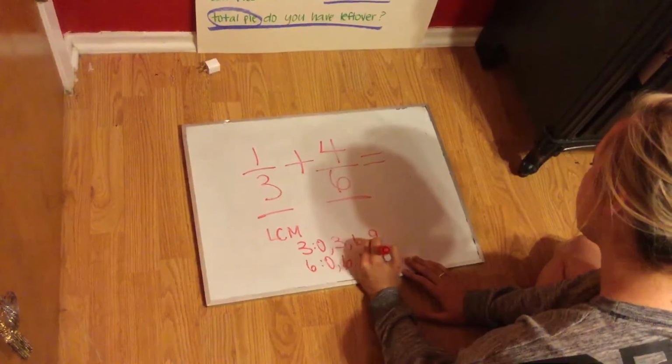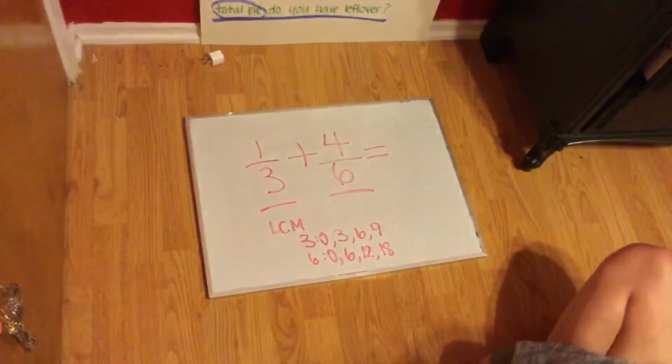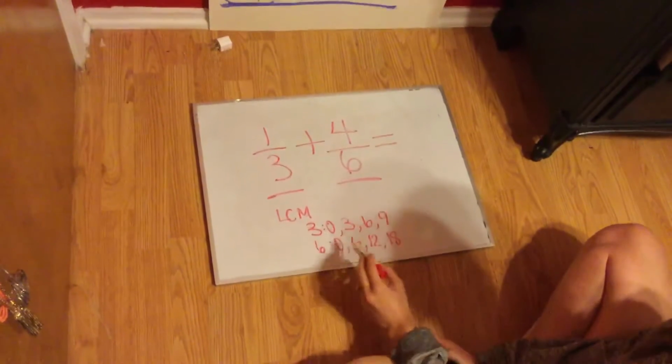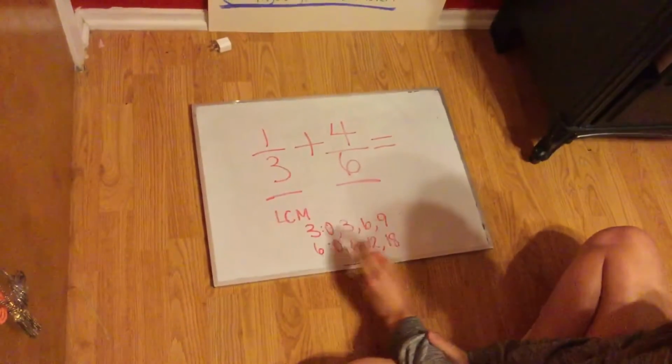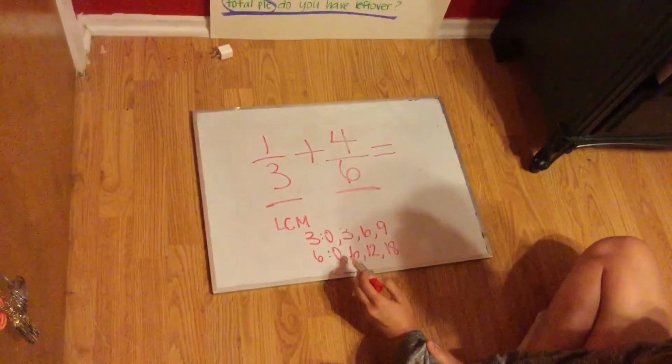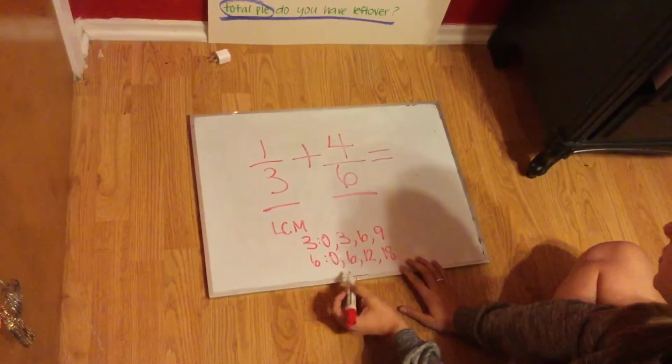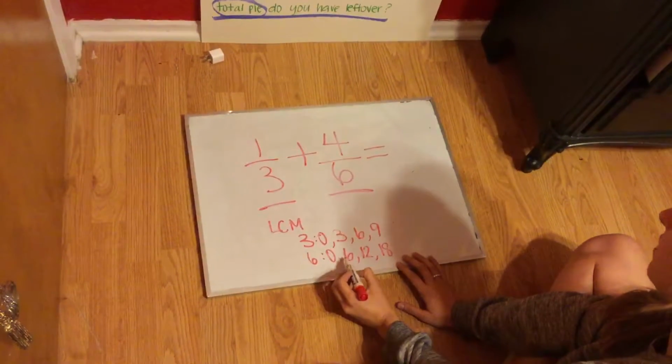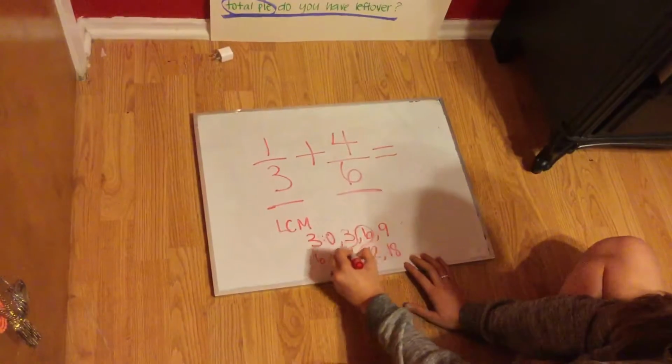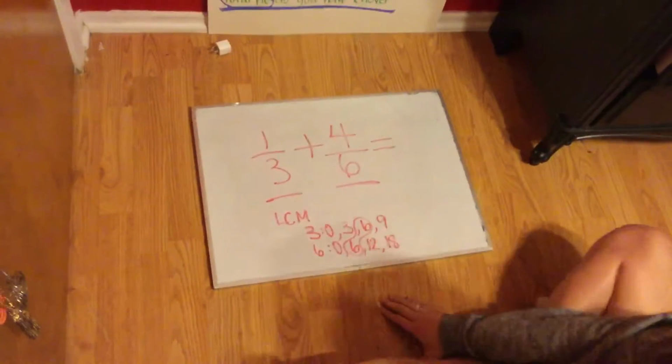And 6 times 3 is 18. So we need to find which number in each of these is the same for the least common multiple. So we can see that each of them have 6 in common, and that's the least number on here.